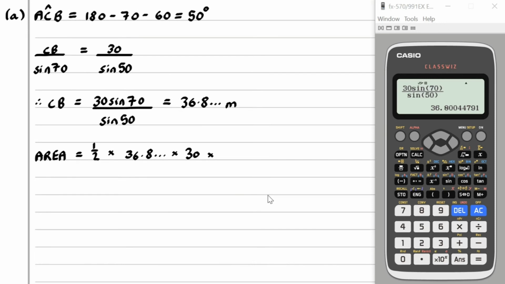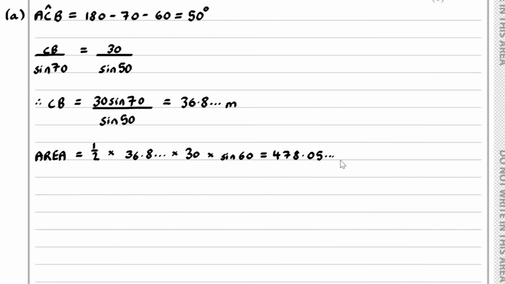And so we multiply this by the sine of 60, so I've got 1/2 times 30 times the value here I've just calculated times the sine of 60. It turns out the area is equal to 478.05 etc. to 3 significant figures. We've got 478 meters squared.